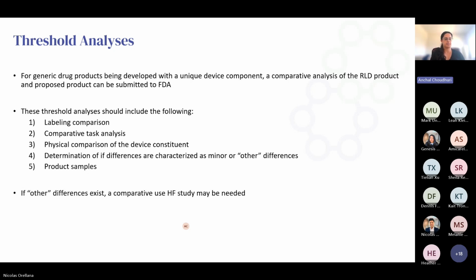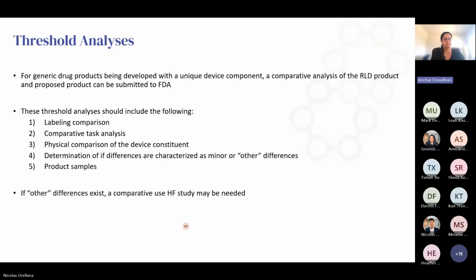So in these threshold analyses, you'll want to include a labeling comparison between the RLD label and the proposed product label, a comparative task analysis, kind of going through each individual step and the instructions for use between both products, a physical comparison of the device constituent.